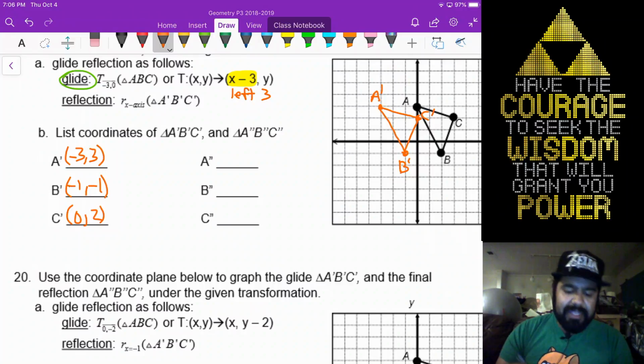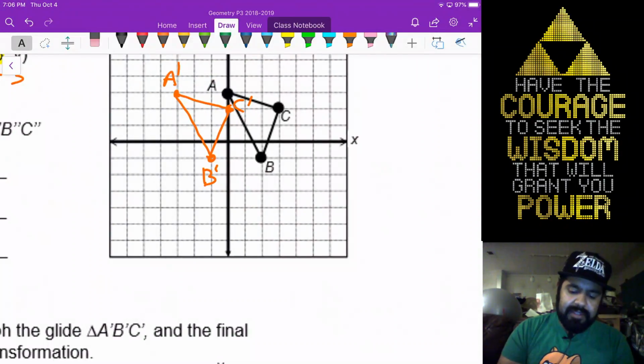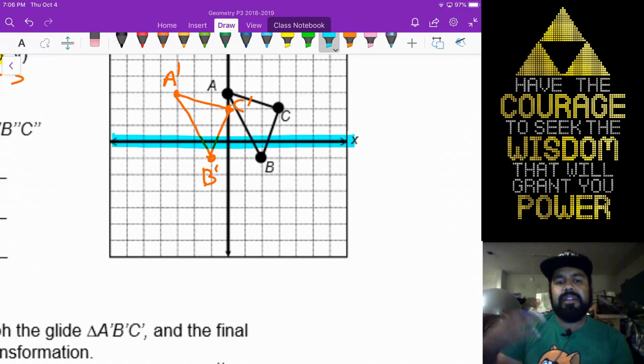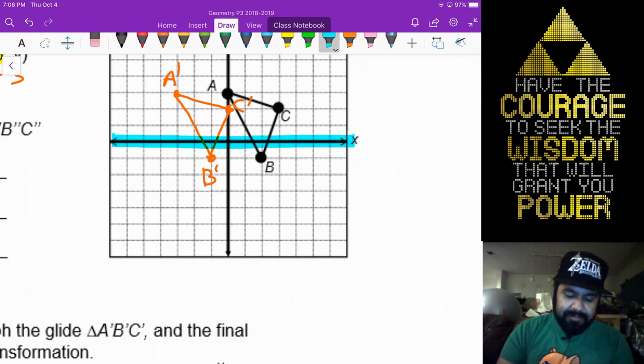Okay, the second part of this we have to look out for is this reflection over the x-axis. So I go over here and I say, here's my x-axis. This is my mirror. All right, now let's flip stuff. Let's use green.